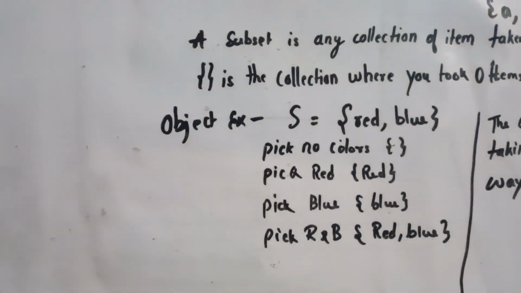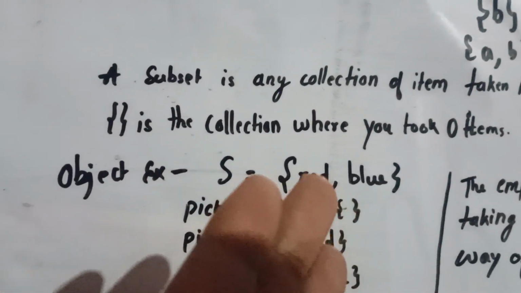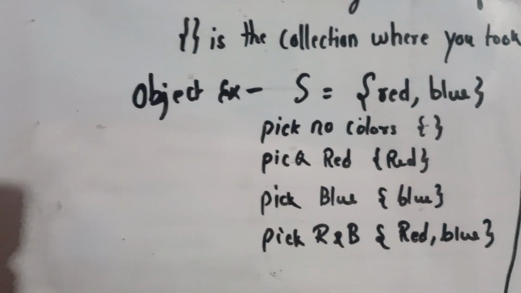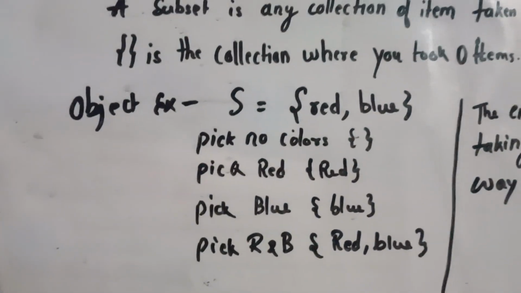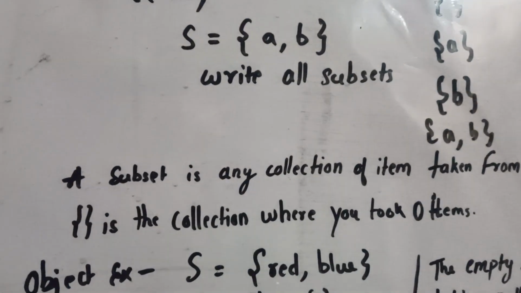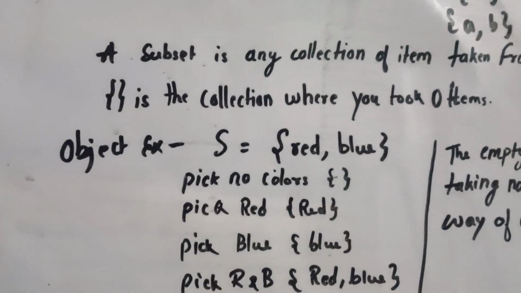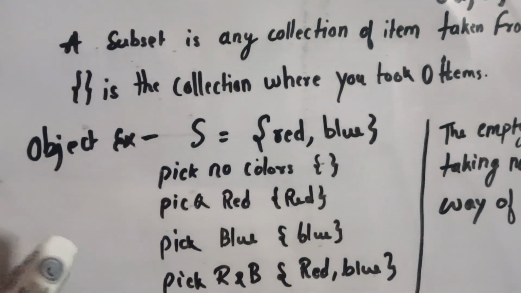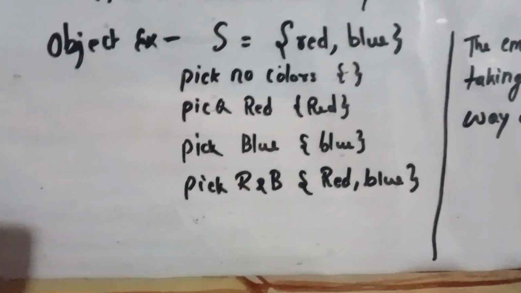And with the object example, this is a subset of object 1. Okay, so red and blue, we have taken the colors. Pick no colors, which is the empty set, no color. We have not chosen the red and not the blue. We pick the red, we pick the blue, and we pick the red and blue lastly.